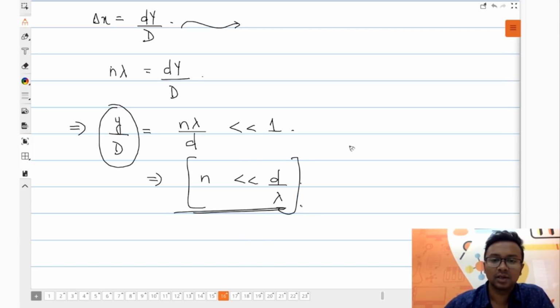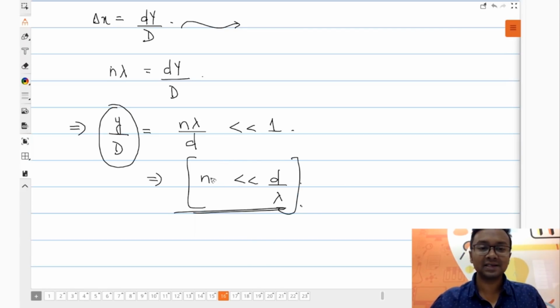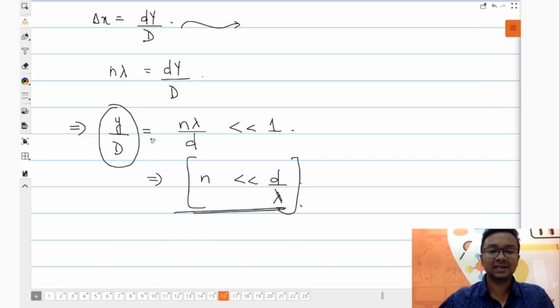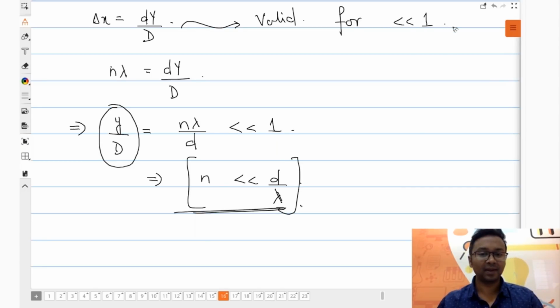As long as n is much, much less than d divided by lambda, this equation is valid for much, much less than 1.